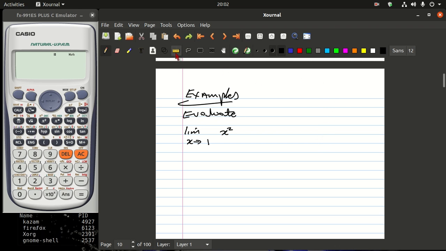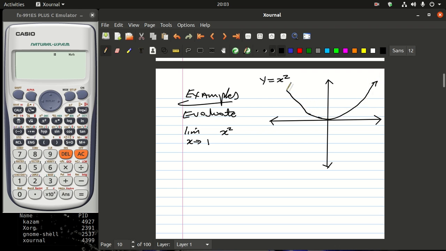We want you to draw the function y is equal to x squared. If I were to draw this curve, it usually looks nice like this.